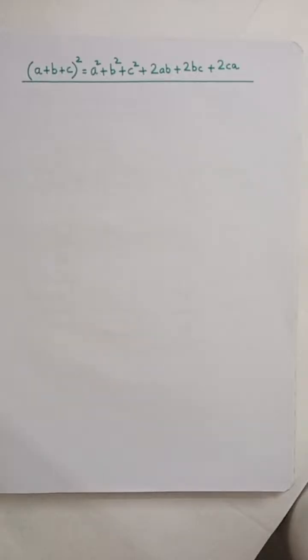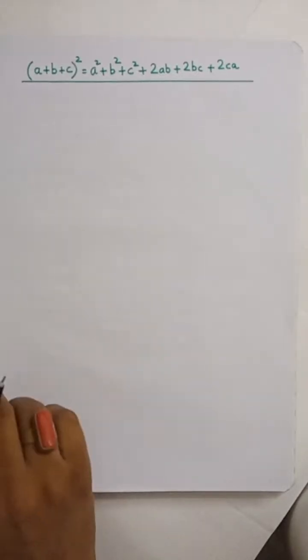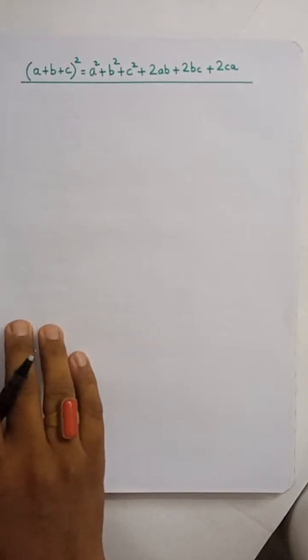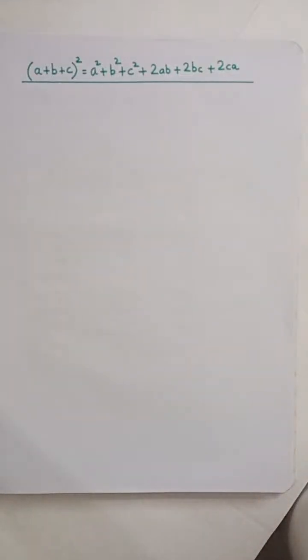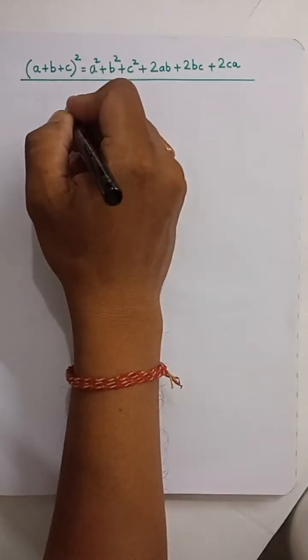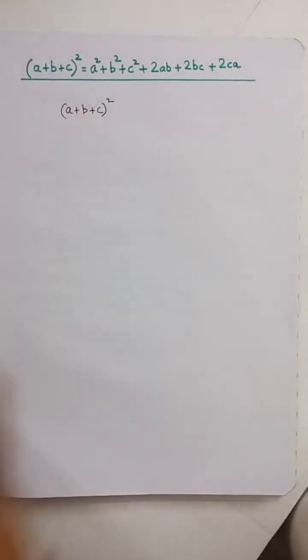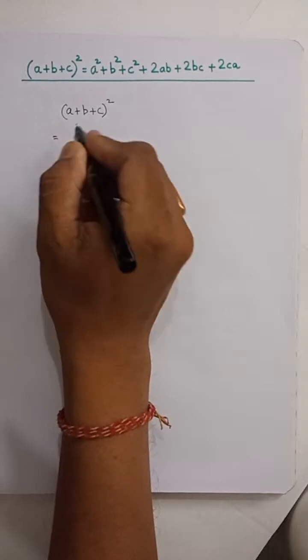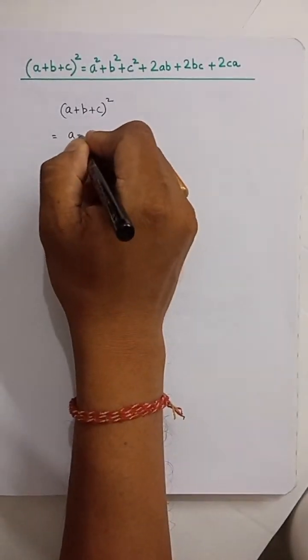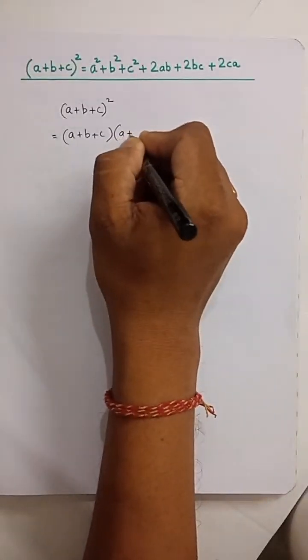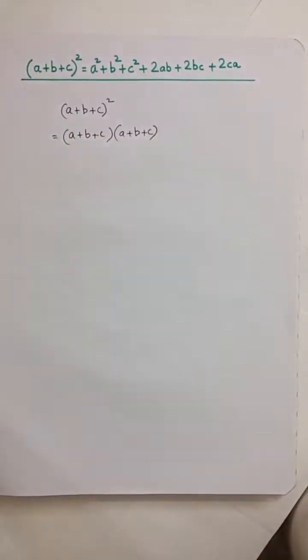Okay. So before solving questions, let's first see how this identity has been derived. So (a + b + c) whole squared. We can write this as (a + b + c) multiplied by (a + b + c).